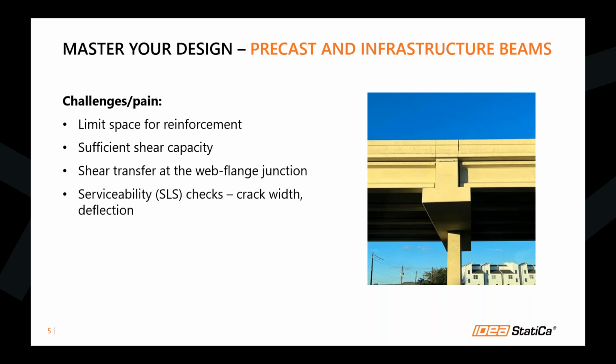Such a type of structure is usually used in either precast building structures or infrastructure. Typically those beams are precast concrete beams, which then eventually speeds up the construction and potentially reduces on-site labor.